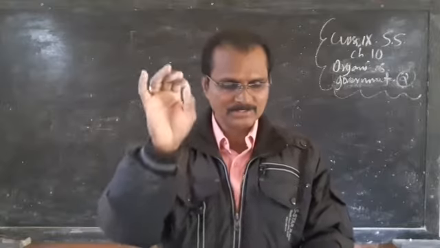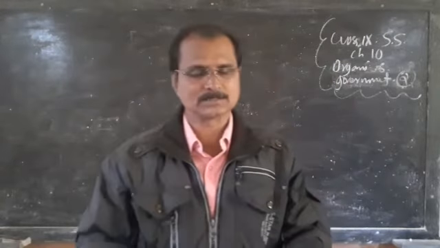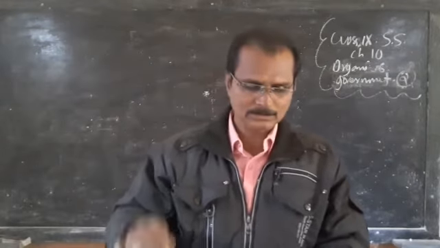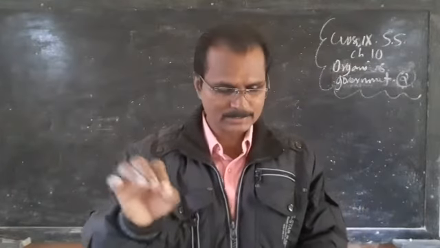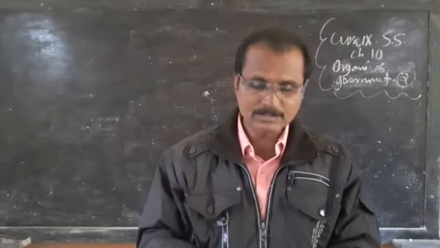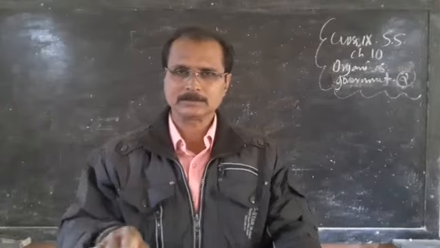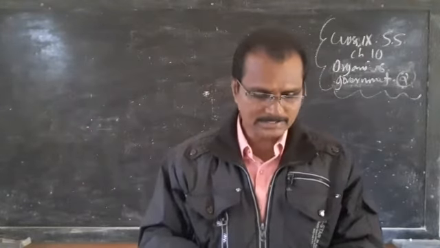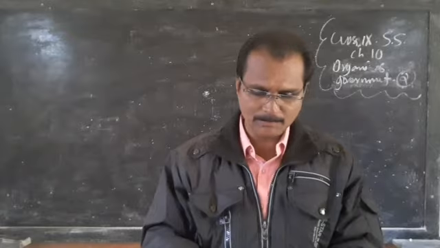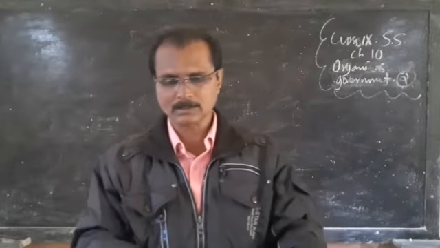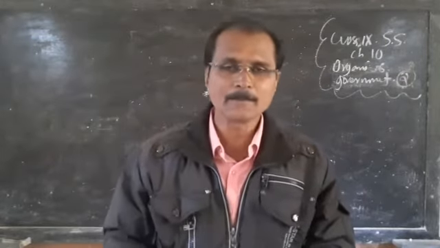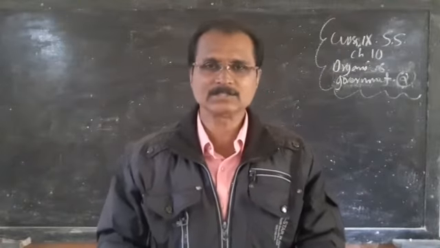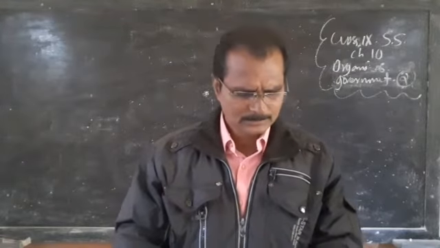One, he signs the bill, thereby approving it. Number two, if he disagrees with the bill, he can keep it with him. Or third, he sends the bill back to Parliament for reconsideration. These are the three options.